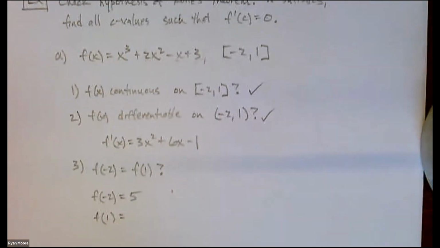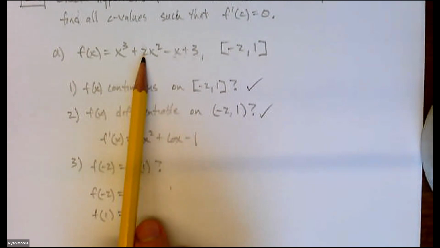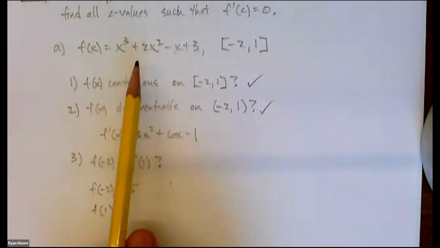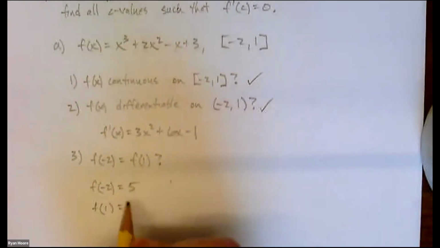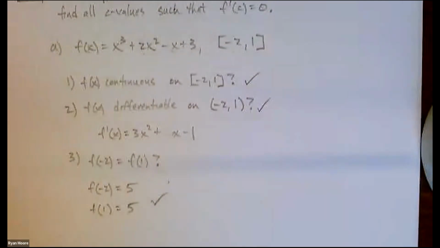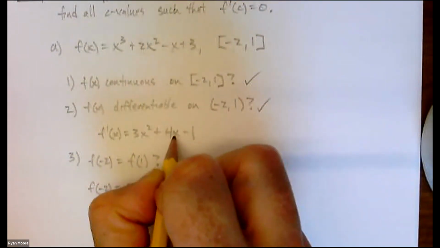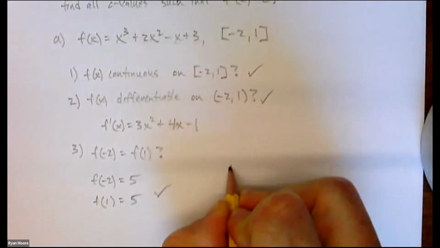Aha. Let's make that a 2 instead. My mistake. So when we plug in -2, I do get 5. And if I plug in 1, that would be 1 plus 2 is 3, minus 1 is back to 2, plus 3, that would also be 5. Okay, perfect. And that would change our derivative to a 4 right here. So with a little correction there, this does satisfy the 3 hypotheses of Rolle's theorem.